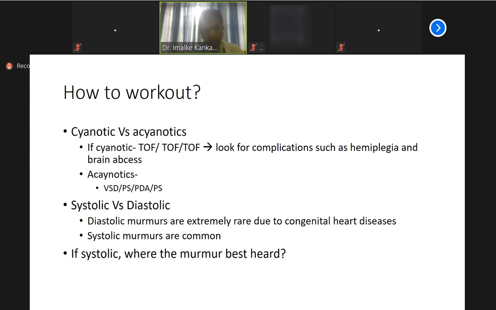But at your level, if you find a cyanosed child with a best heard murmur on the left upper sternal edge, then be smart and tell features compatible with tetralogy of Fallot. Try to score marks by looking at complications of TOF, like hemiplegia and brain abscesses. So those are distinction points, right?